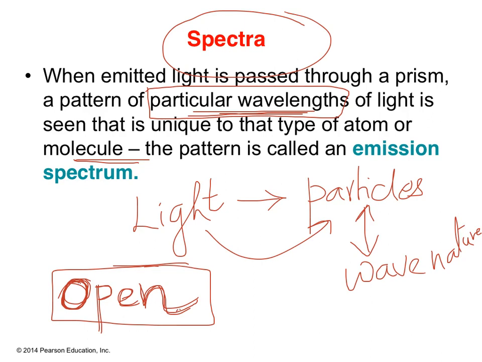So every time the nature of the material inside this tube changes, the color of the light changes, which means the wavelength of the emitted light is different. That means the emission spectrum is characteristic of the material that is present inside this tube.